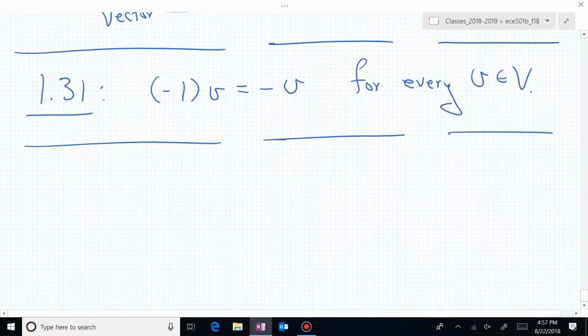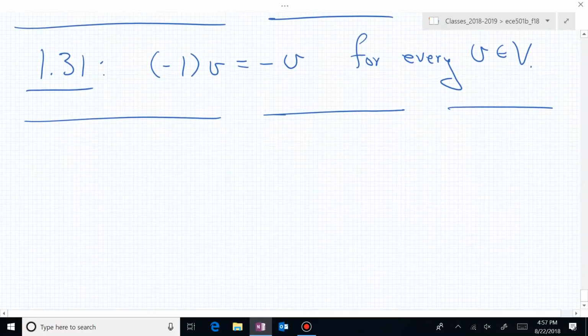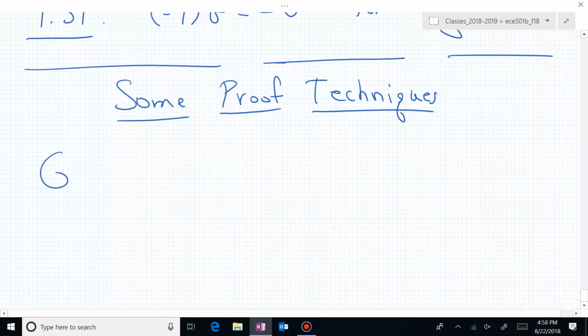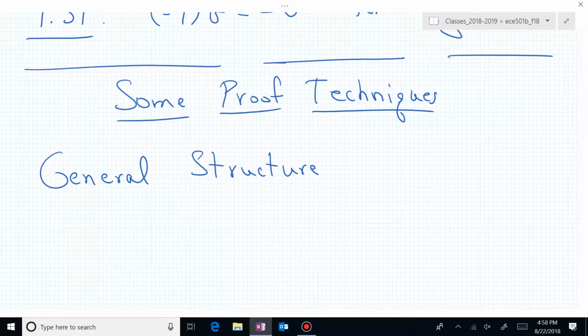Let's now look at how we might prove different true statements, different theorems, for these concepts. Some proof techniques. Here we might have a general structure, and for now I'm just going to assume this general structure is of a conditional form.